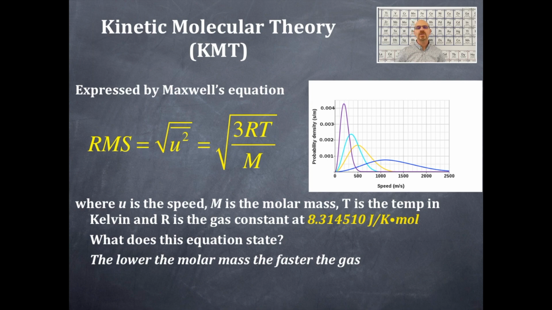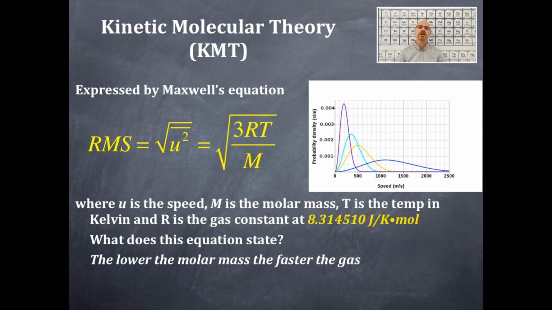And you can see that with this graphic here as well. You can see that as the density of that gas increases, as the gas molecules are heavier, then they're moving slower. So, for example, hydrogen gas is very low in mass, low in density, and at the same temperature compared to other gases, the hydrogen gas is moving much faster than any other gas because it is the lightest, least massive gas.